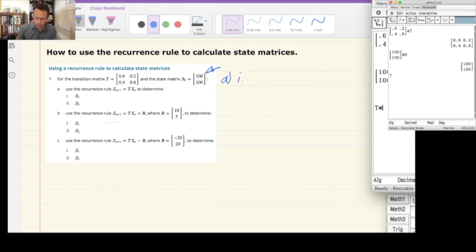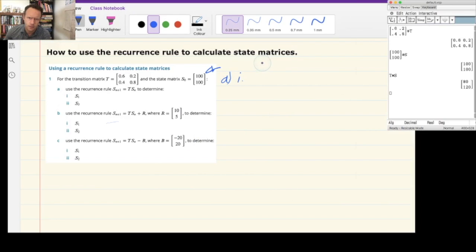So S0 plus 1 is equal to T times S0. Okay, and that will give us S1, which is equal to, as we can see there, 80 and 120.